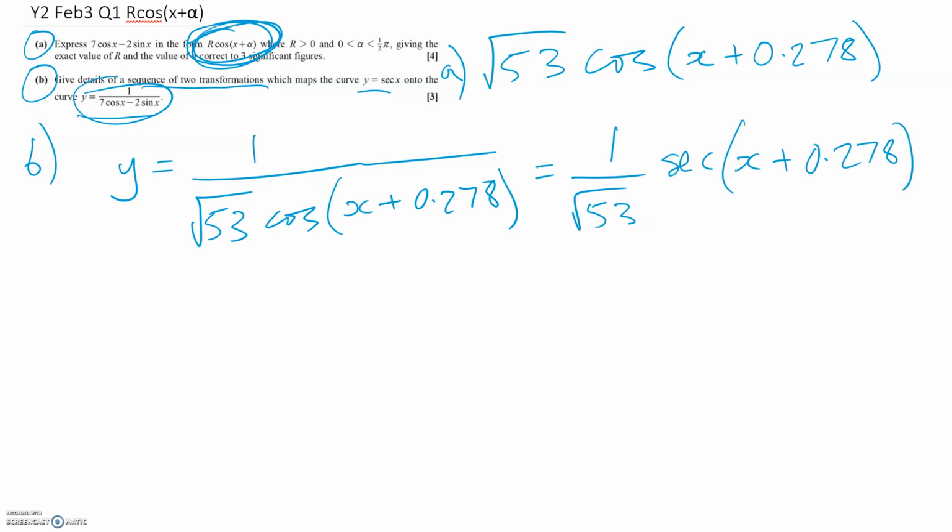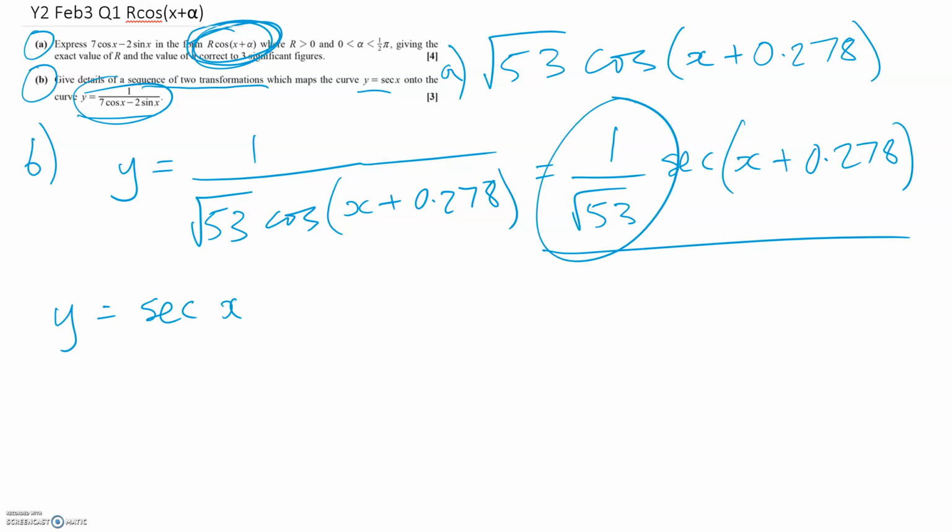So if we start with the curve y equals sec x, and we want to transform it onto this graph, well, you can see there's the two transformations we're going to need. It doesn't matter which order you do these two transformations. If we do a stretch in the y direction by a scale factor 1 over root 53, that will get the curve to look like this.